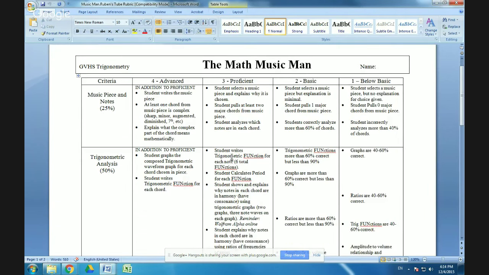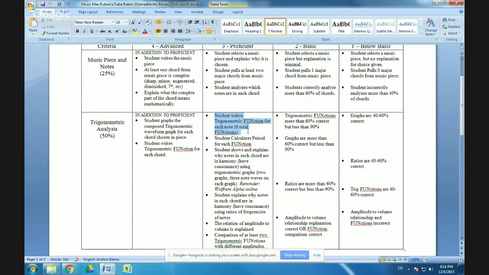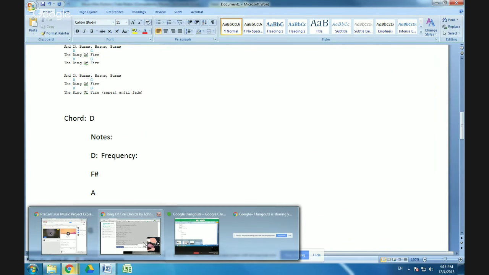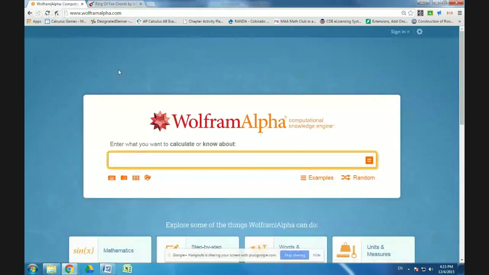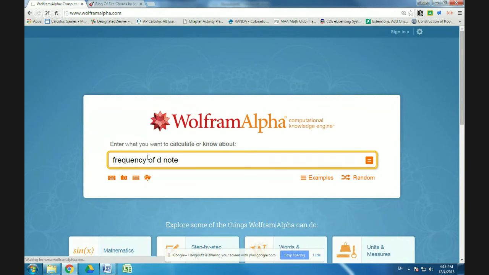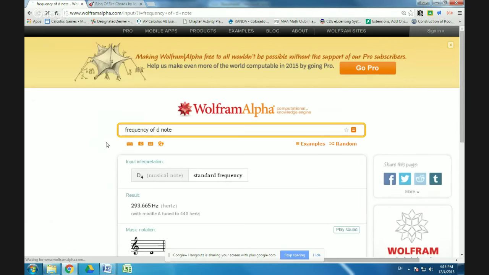The next thing you need to do is write a trig function for each note. To do that, I need to find the frequency that each of these notes operates at. I am going to go right to Wolfram Alpha, wolframalpha.com, and I can type frequency of the note. I usually bring it right up.